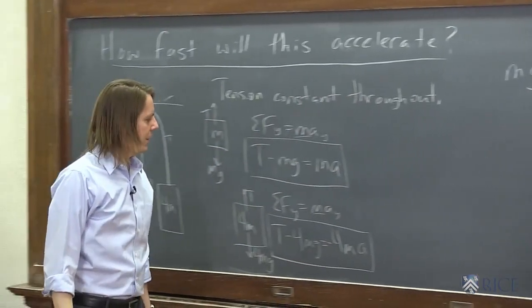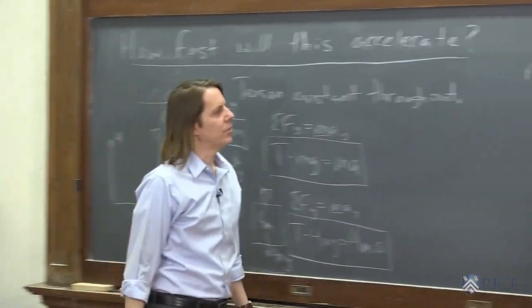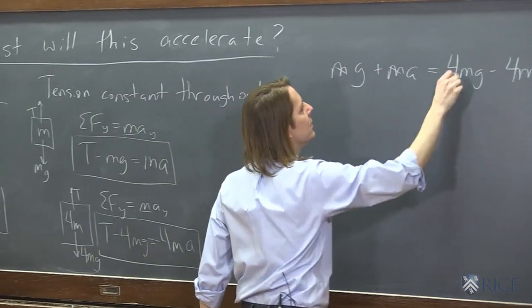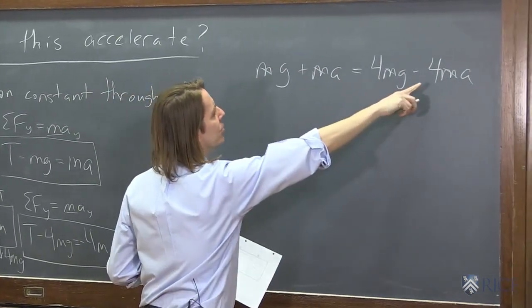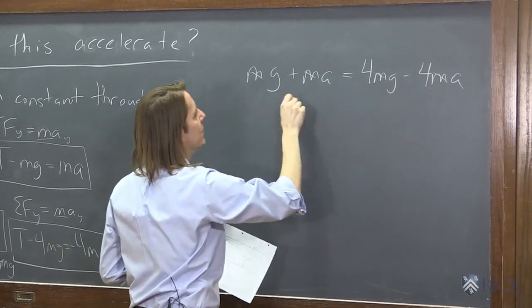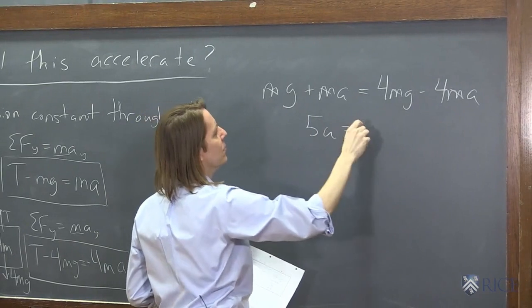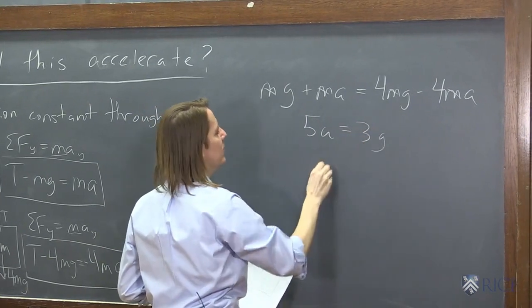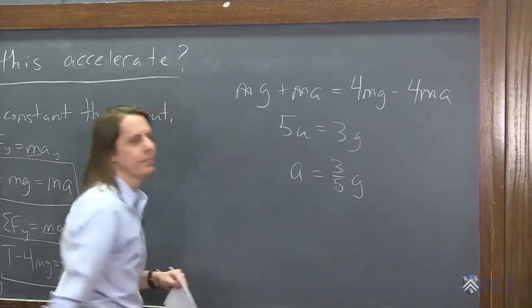And that all looks correct. Now we just solve for acceleration. All the m's go away. Why don't we bring these 4a's over here and have 5a, and bring this g over here, equals 3g. So we see the acceleration is 3/5 g.